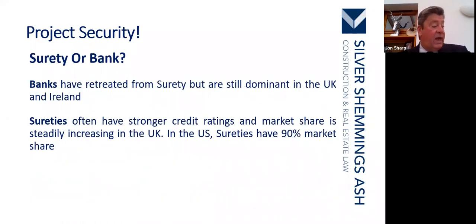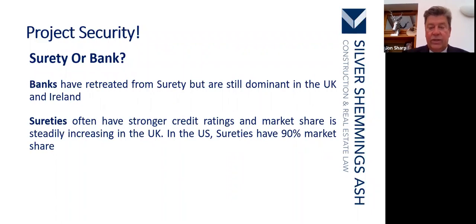Banks, to some extent, have retreated from sureties, but are still dominant in the UK and Ireland. I suspect at the moment, because it's, if you like, payback time for the banks, because we bailed them out in 2008-9, they will not be retreating further from this at the present time. Who knows what might happen in 2 or 3 years. Sureties normally have stronger credit ratings, and the market share is steadily increasing in the UK.